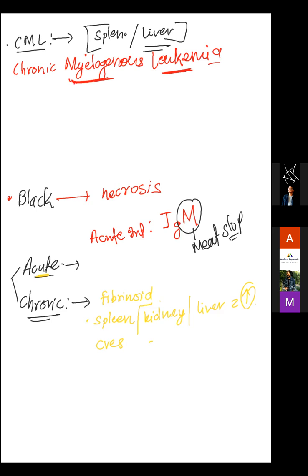So whenever there is myelogenous leukemia, remember the spleen will be affected every time.